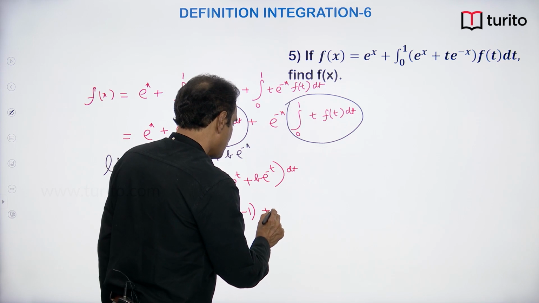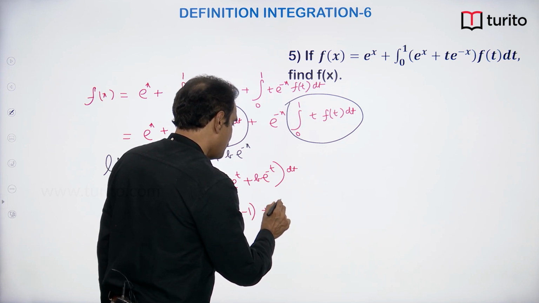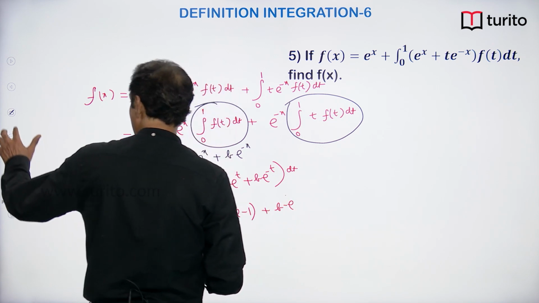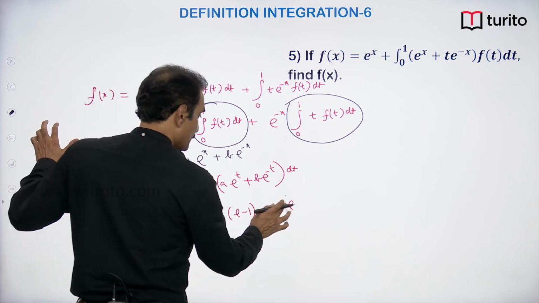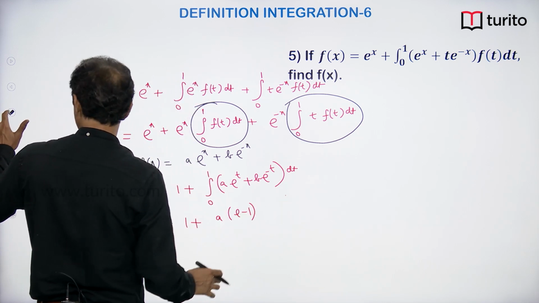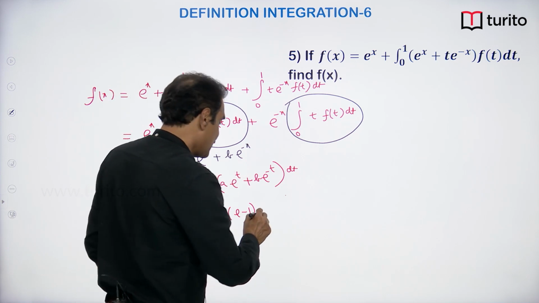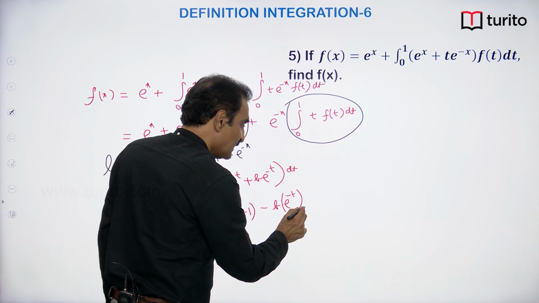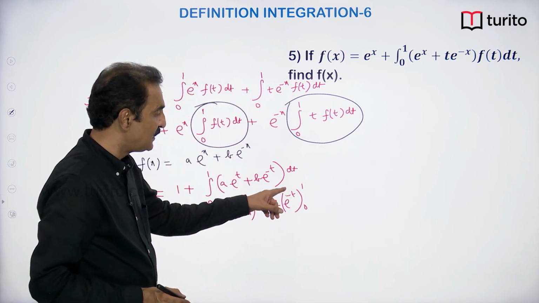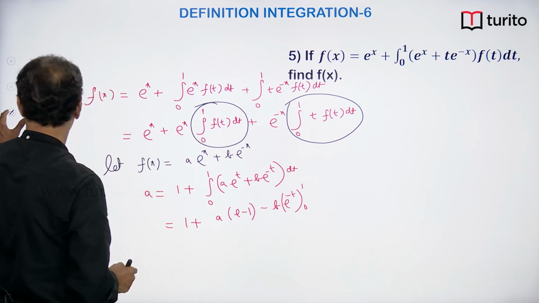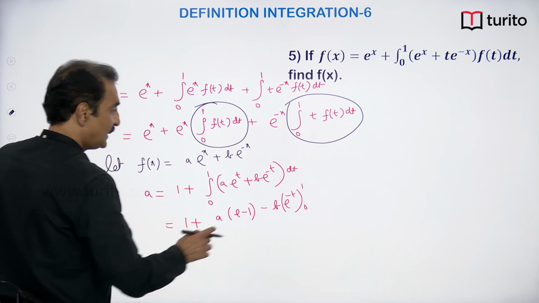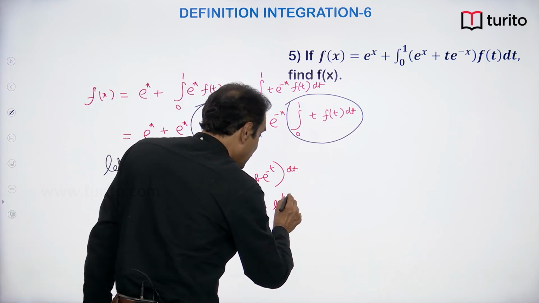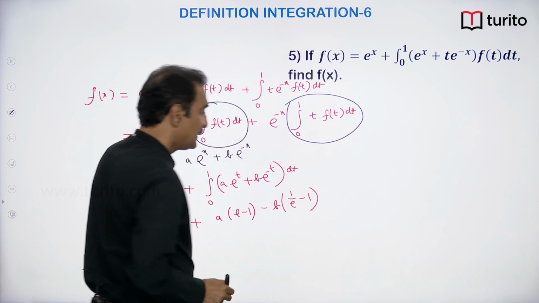Next, integral of b e power minus t is minus b e power minus t. Substituting the limits, what will we get? 1 by e minus 1. I will directly write 1 by e minus 1.